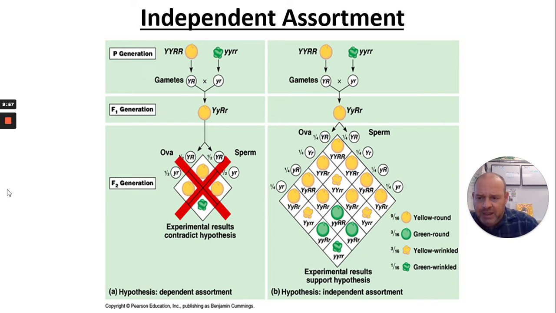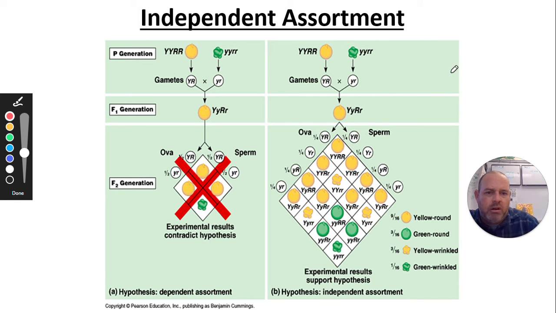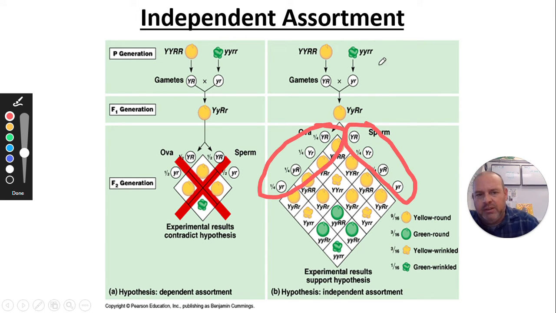So independent assortment is really what's going on over here, where we produce this many gametes, right? On the egg side and on the sperm side, we have this many choices from these parents right here.